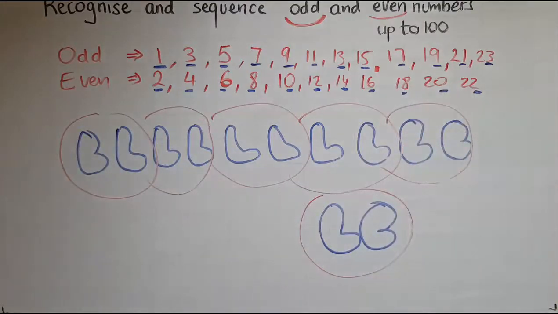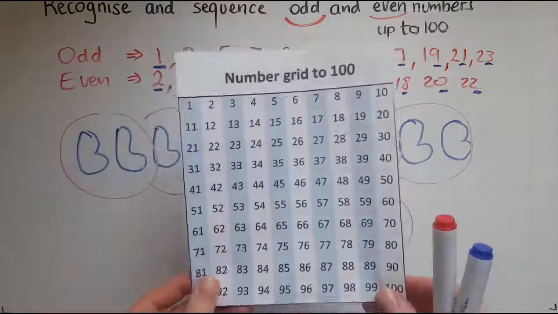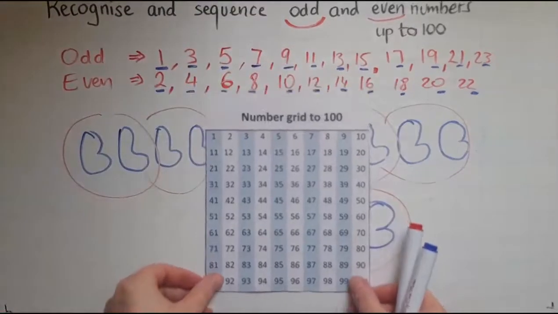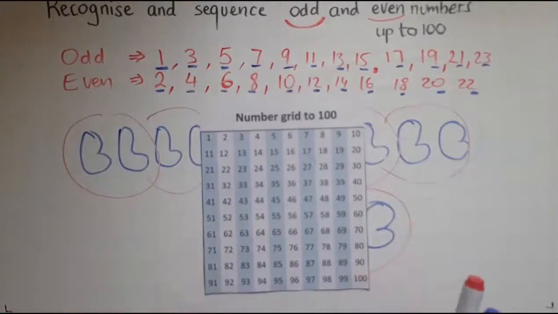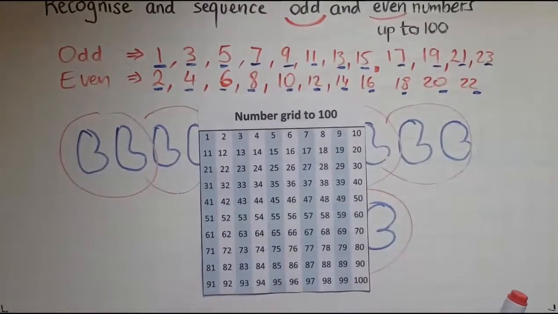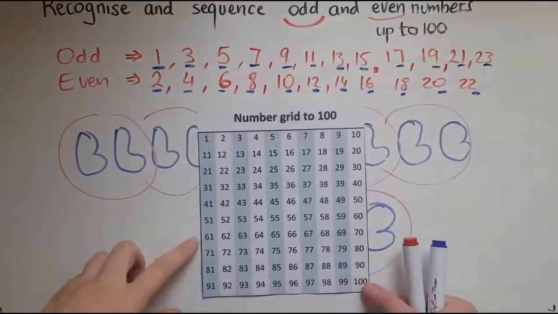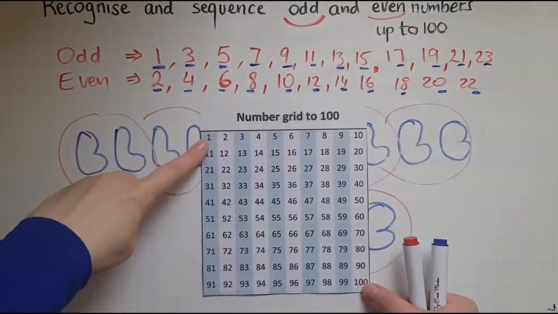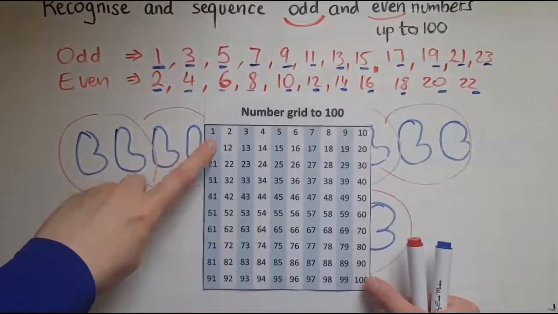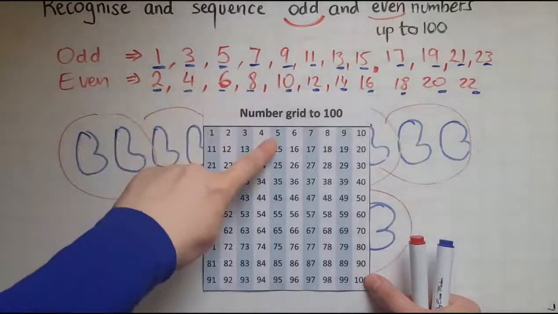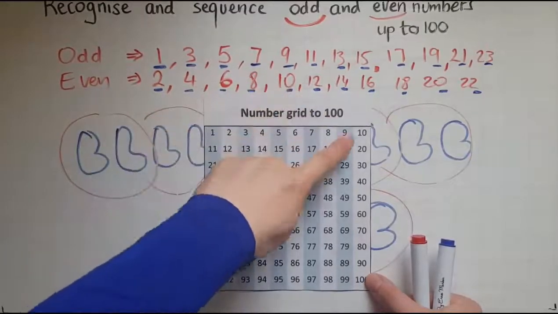And how does that look in a number grid? So I've got a number grid here with numbers from 1 to 100, and as you can see, 1 is odd, 3 odd, 5, 7, 9 is odd.